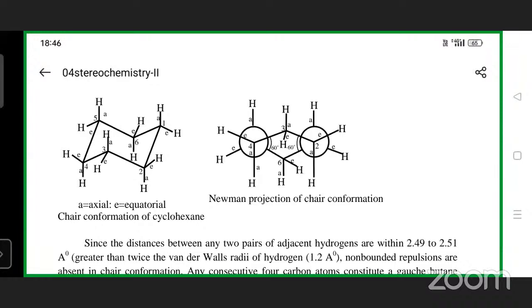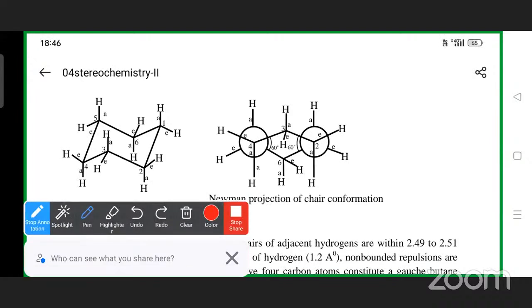So you see here, there are six. These bonds which are oriented parallel to that structure are the parallel bonds, all the parallel bonds.